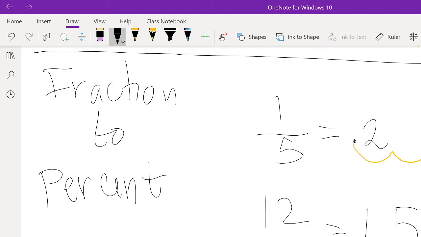And again, this is the decimal, so to get to the next step, move over 2 places to the right.